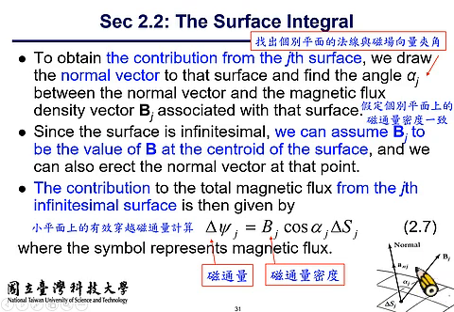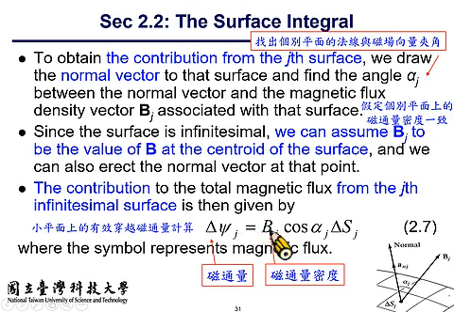Alpha is the angle between the normal direction of the surface and the direction of the magnetic flux density B. So here you see a_nj and B_j. The angle between a_nj and B_j is alpha j. All right, and the product of magnetic flux density and the surface, that is B delta S cosine alpha, is shown in equation 2.7.